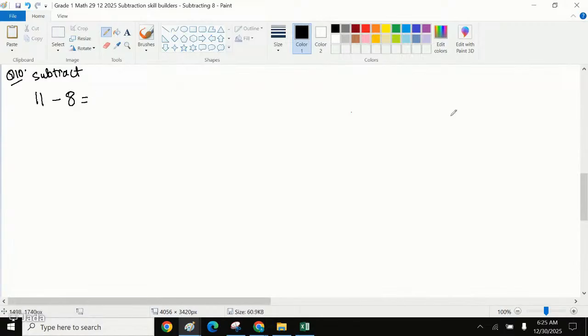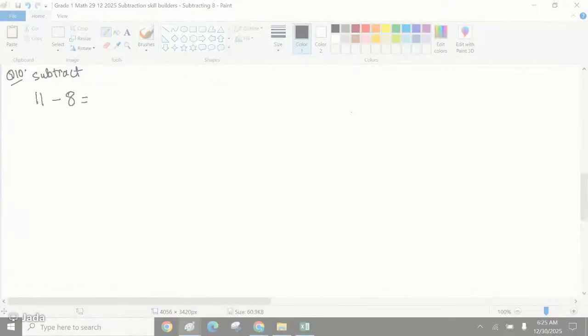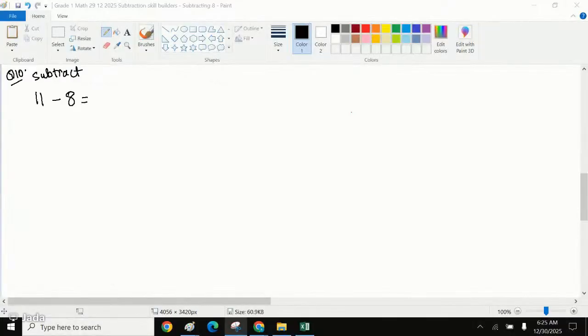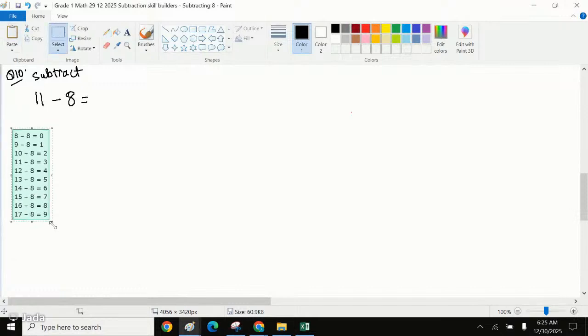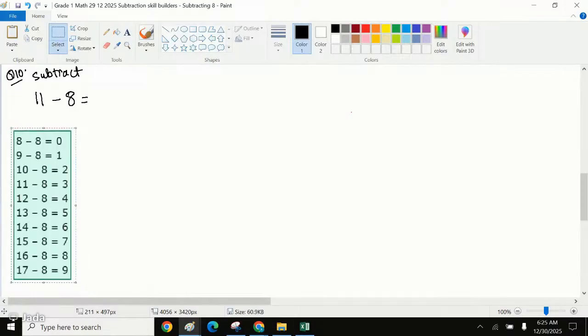We can remember from the grid that 11 minus 8 would be equal to, I'll just copy the grid over here. Okay. So from the grid, we need to find 11 first. We have 11 over here. 11 minus 8 would be equal to 3. Okay. So 11 minus 8 is equal to 3.